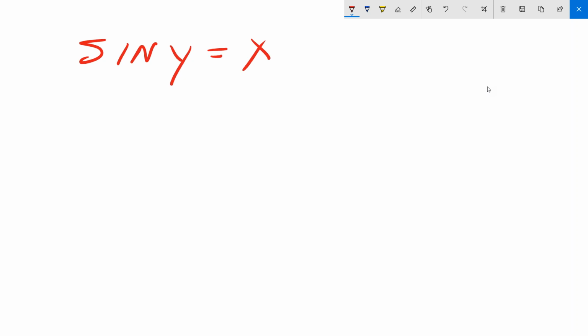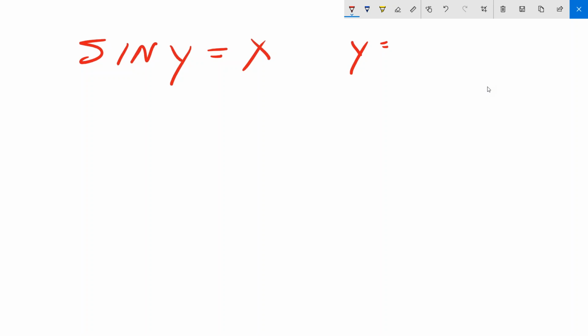Implicitly, in other words, you actually could solve for y here. What's y equal to? Y is equal to, that's just the root of x. Not root. Inverse.